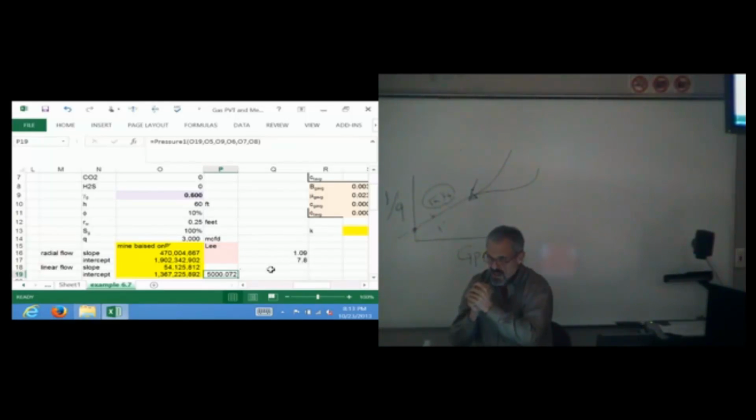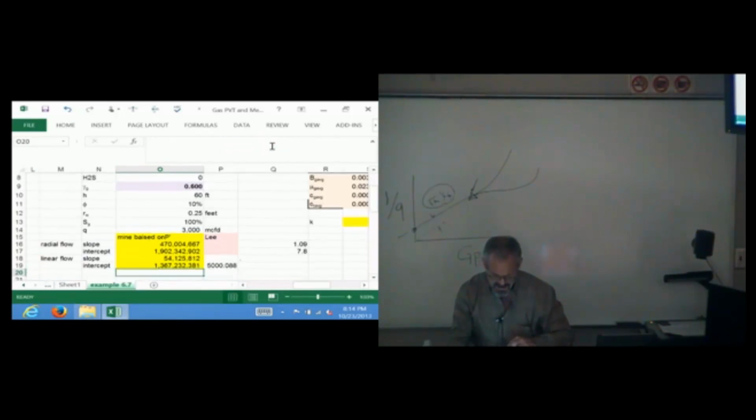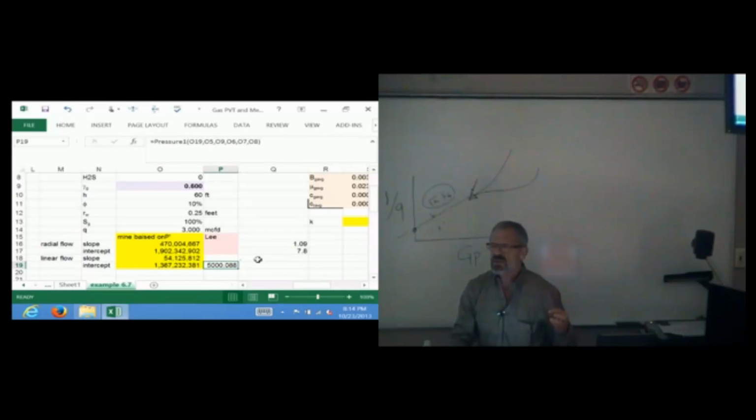So you can actually calculate your conductivity even if you don't have bilinear flow, based on that difference in intercept. But I did correct a thing. I really want to go from 7 to 15, not 6 to 15. Okay, and I'm getting very, very close to the initial pressure. So that's the intercept of my early straight line matching the actual known value, which is another indication that I have infinite conductivity.